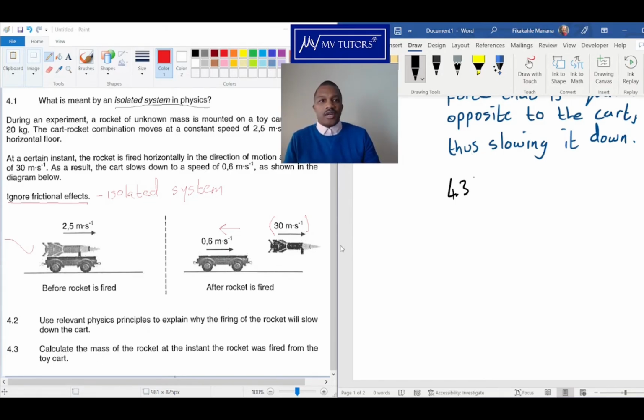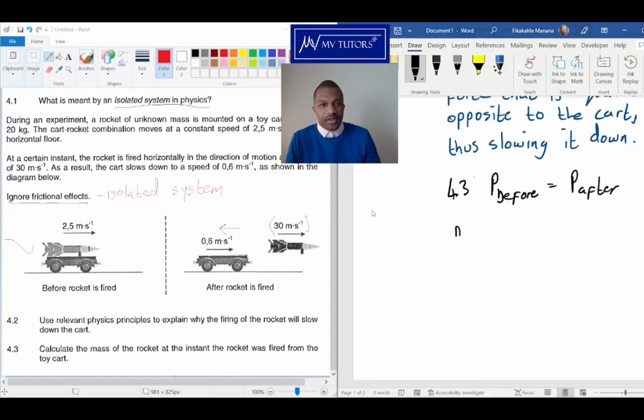Calculate the mass. According to momentum principles, the momentum before in an isolated system should equal the momentum after. What's the momentum before? Before the rocket is fired, we have them together.